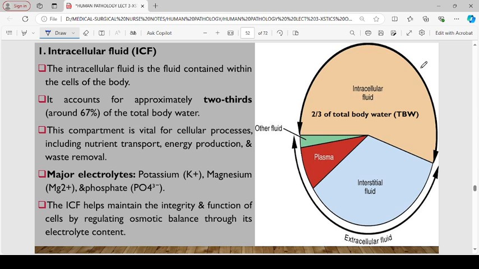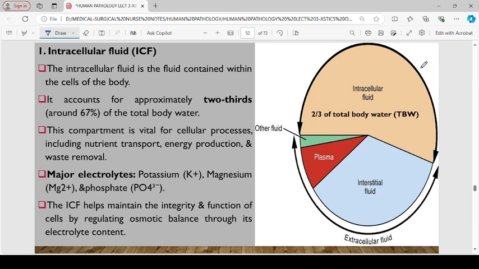This compartment is very vital for cellular processes, including nutrient transport, energy production, and waste removal. Major electrolytes in the intracellular fluid include potassium, magnesium, and phosphate.